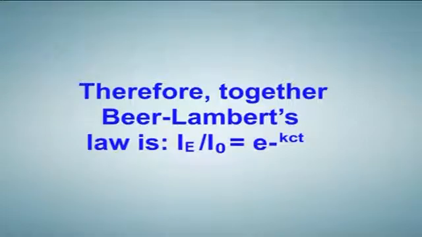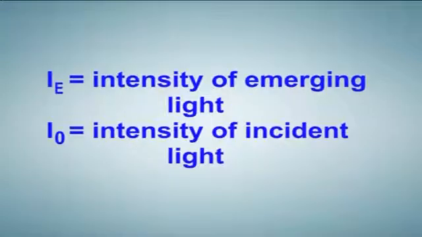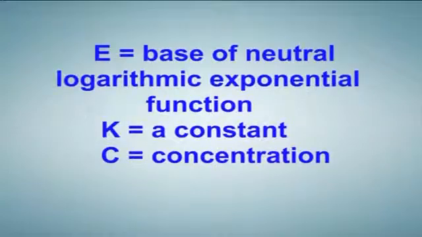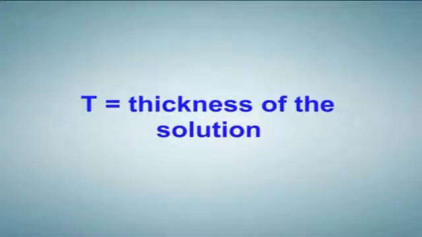Therefore, together the Beer-Lambert's law is I_e / I_0 = e^(-kct), where I_e is the intensity of emerging light, I_0 is the intensity of incident light, e is the base of the natural logarithm, k is a constant, c is concentration, and t is the thickness of the solution.